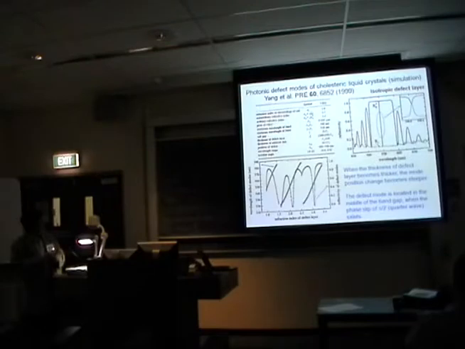Yang et al. introduced the isotropic layers as a defect, and by changing the refractive index and pitch and so forth, this is the position of the defect level, the defect mode state.